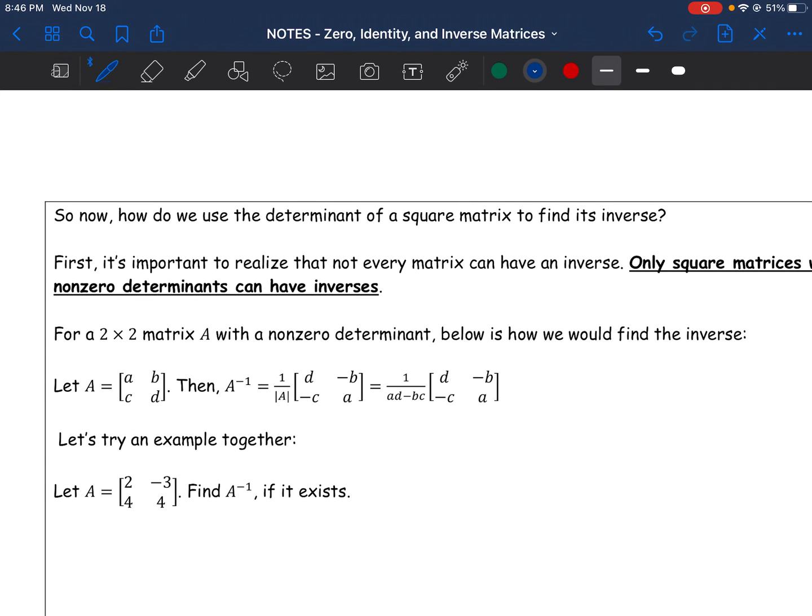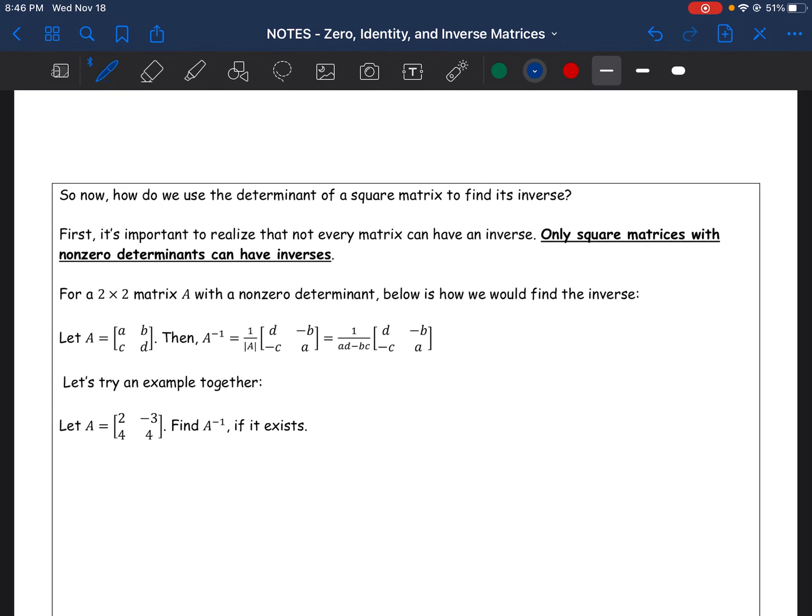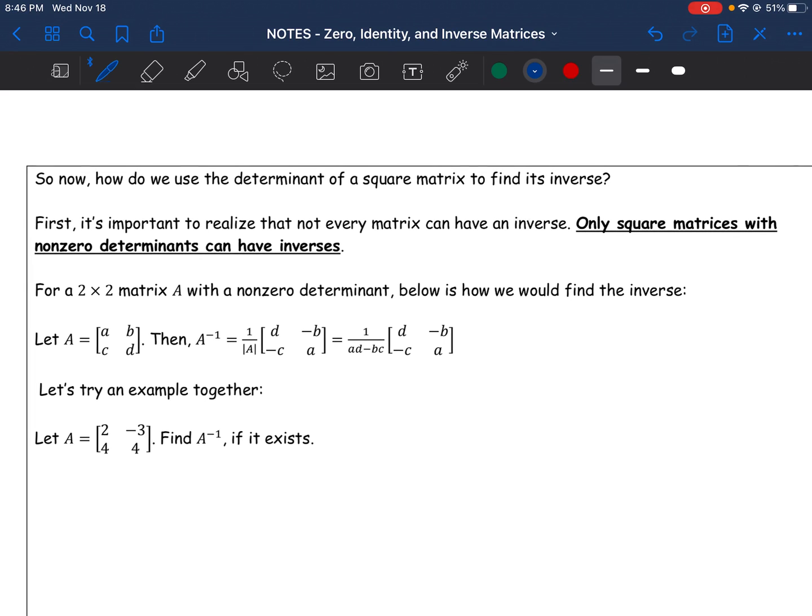Okay, so now that we know how to find determinants, let's figure out how to find inverse matrices. But the first thing to realize is that not every matrix can have an inverse. Only, and I'm going to highlight this, only square matrices with non-zero determinants can have inverses.